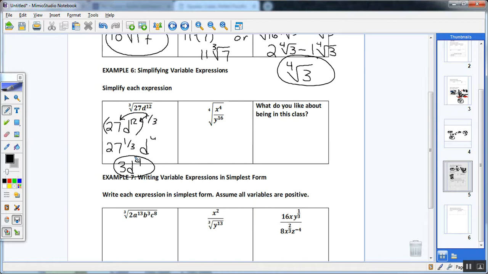So what power are you going to take everything to in your quotient there? If you're looking for the 4th root, kids. 1/4, okay? I'll give you about 3.14 seconds to finish this. Jasmine. What was the power on the one we just did? 3d to the 4th, because 1/3 of that 12 is going to be 4, right? Yeah. Okay.